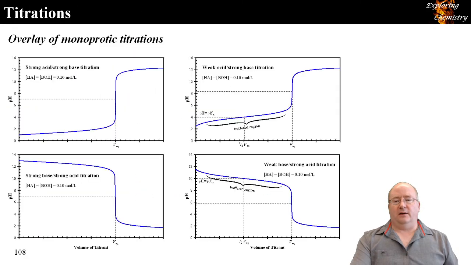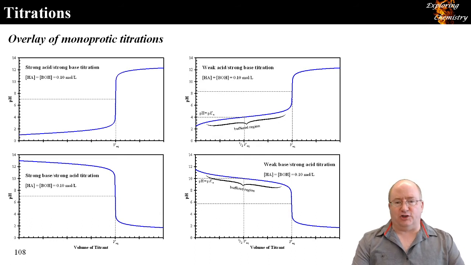Last day we looked through titrations, and we compared strong acid, strong base titrations and weak acid and weak base titrations. We saw similarities when we were titrating something that is strong, and similarities when we were titrating something that was weak.